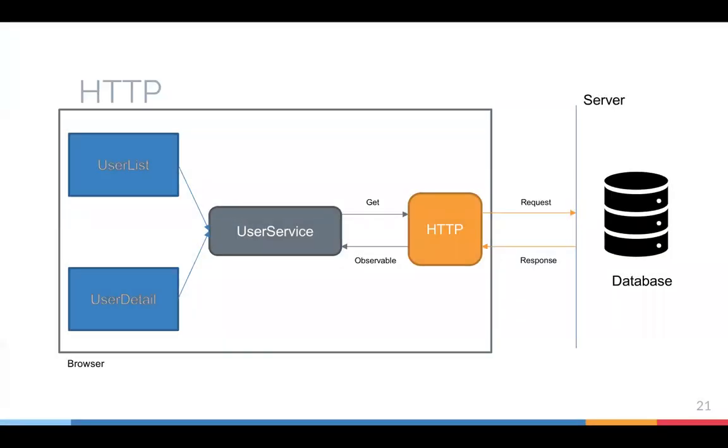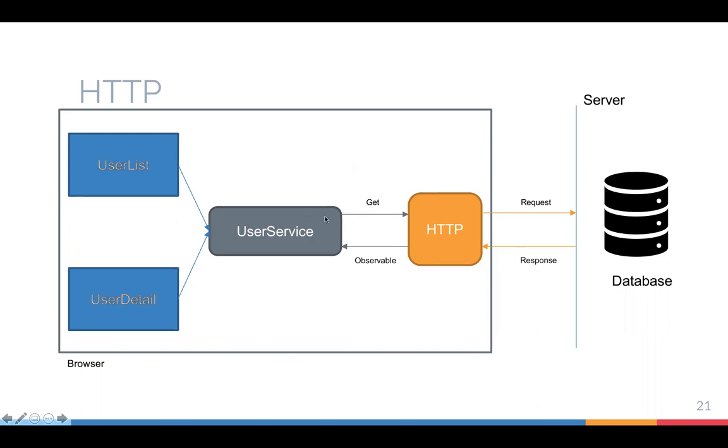But before I show you how we can implement that, currently our user list and user details components are consuming the user list array from the user service. In order to get it from a server or third-party API, we'll use the HTTP protocol.